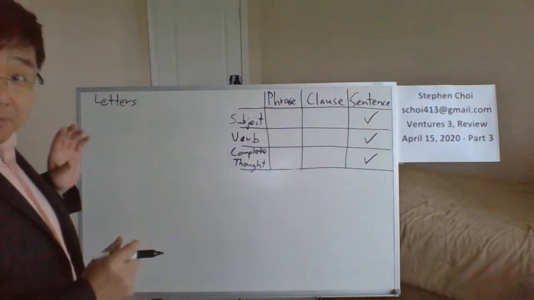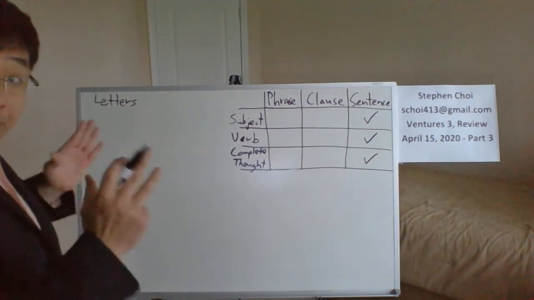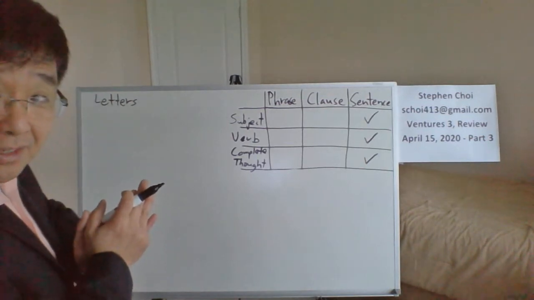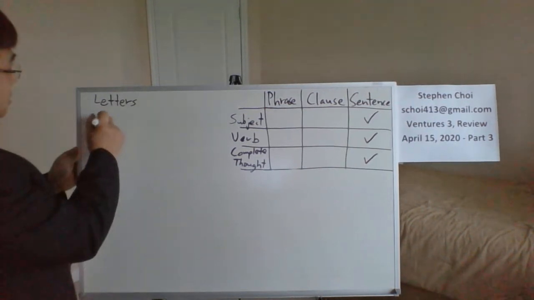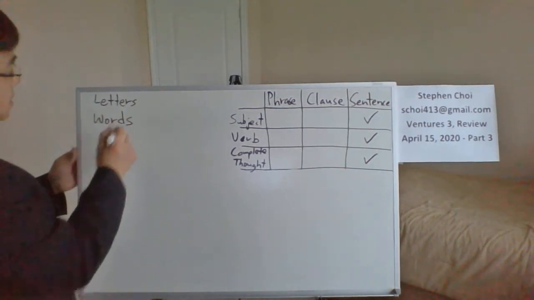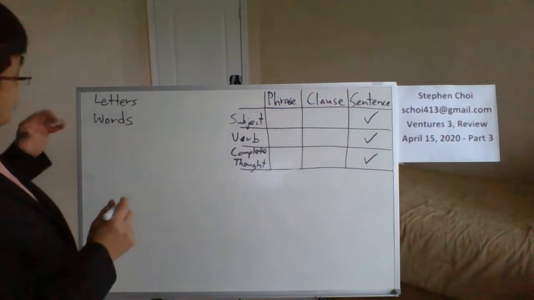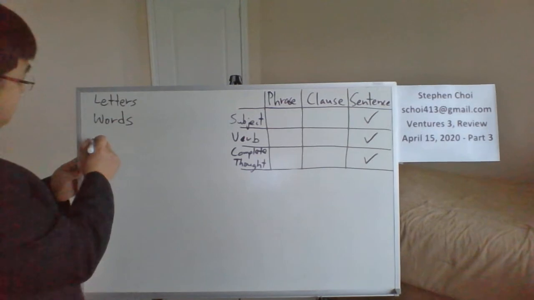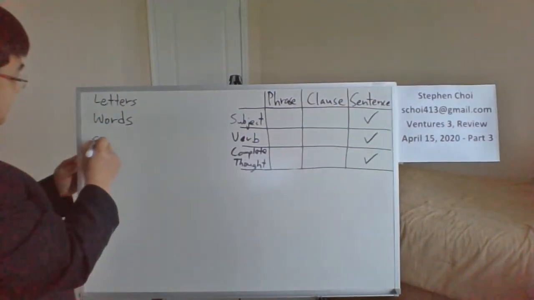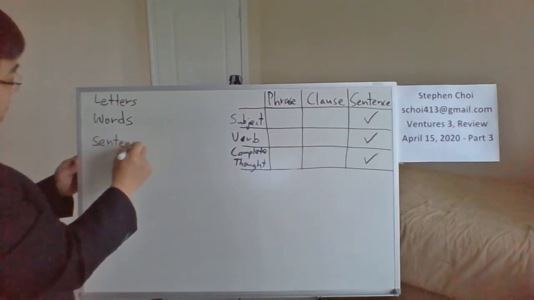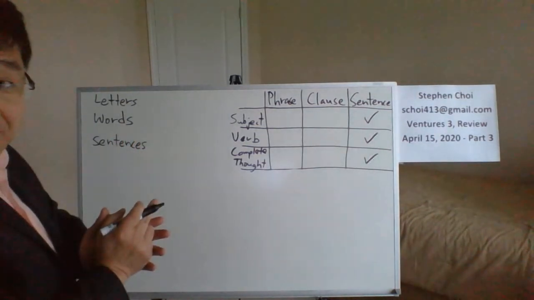And what's the next part? We put letters together and make what? You have A, B, C, D, and we put them together to make words. And then you put words together and make sentences. And then you put sentences together.